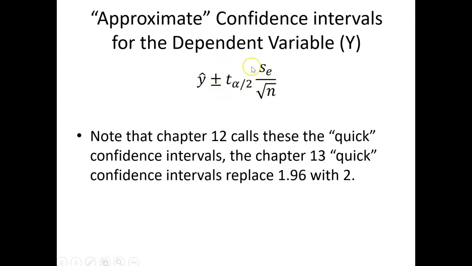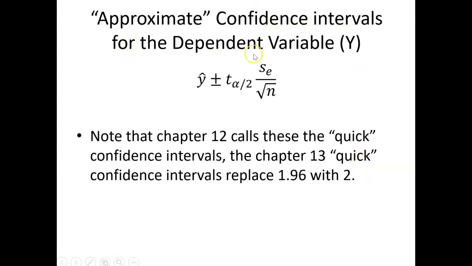But we'll go with the approximate confidence intervals, where if we're doing 95% confidence intervals, the t critical value is 1.96. And we'll save what chapter 13 calls the quick confidence intervals, where you replace 1.96 with 2, for the type that you might do in your head during a meeting where you're making a presentation. You have to think quickly on your feet.